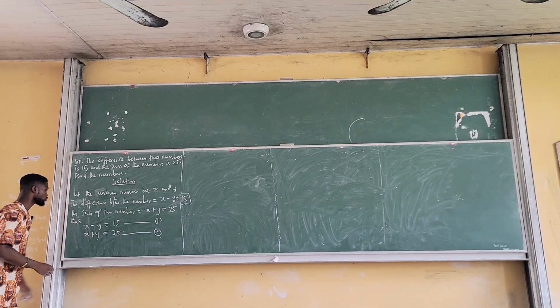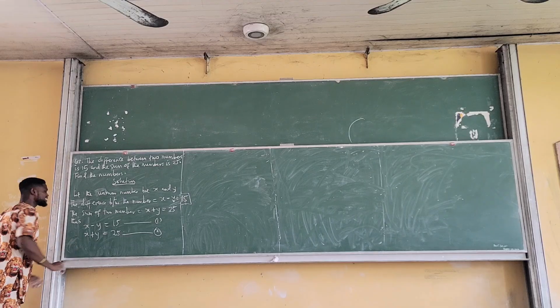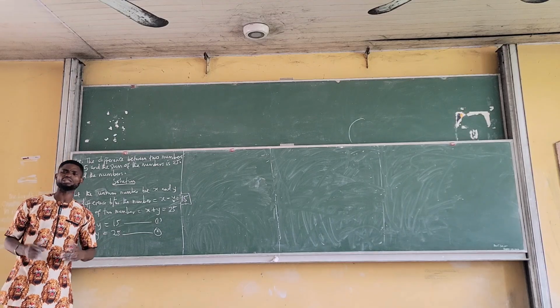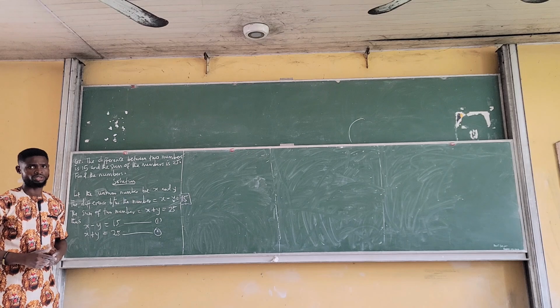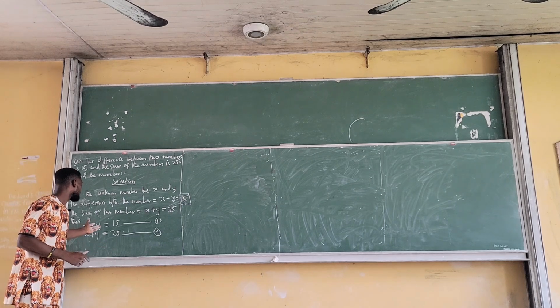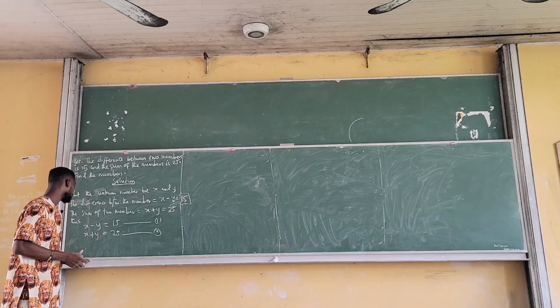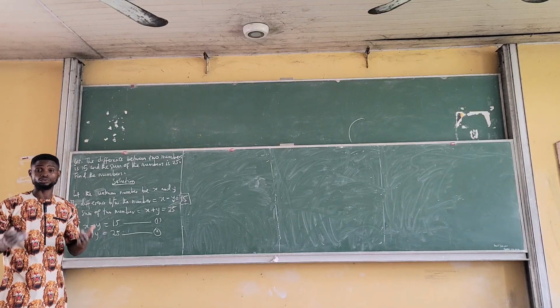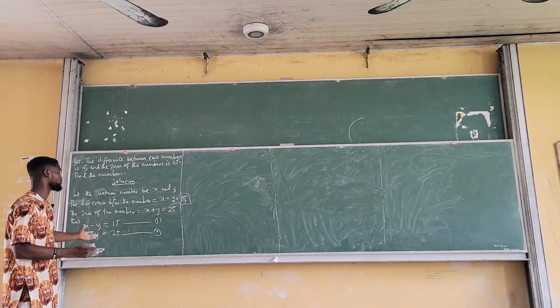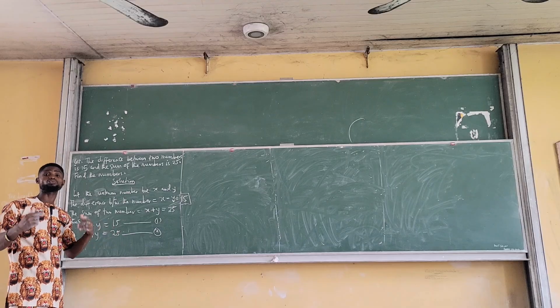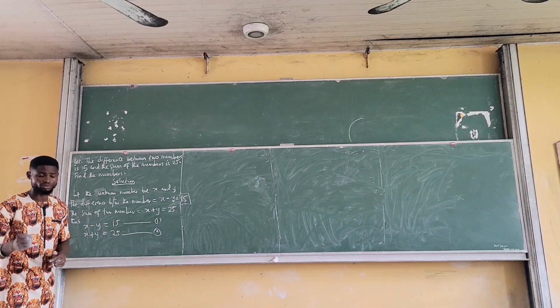There are two methods to solve simultaneous equations: the elimination method and the substitution method. You can also use the graphical method, but we are going to use the substitution method.